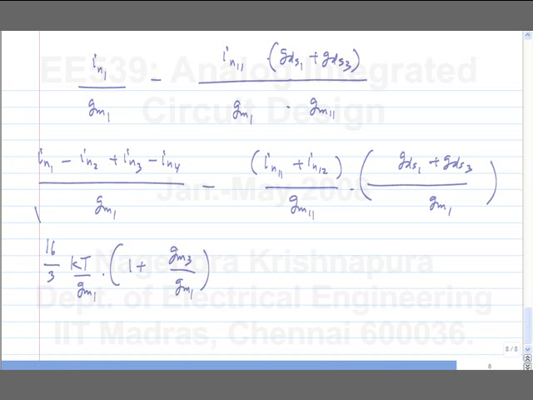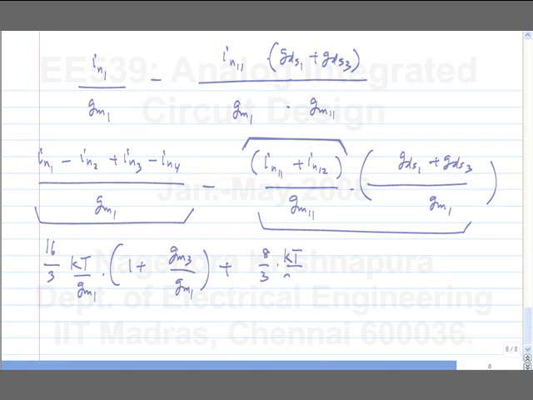And what am I going to get here? What is the spectral density because of this term? So it's 8/3 kT by GM11, 1 plus GM12 by GM11.